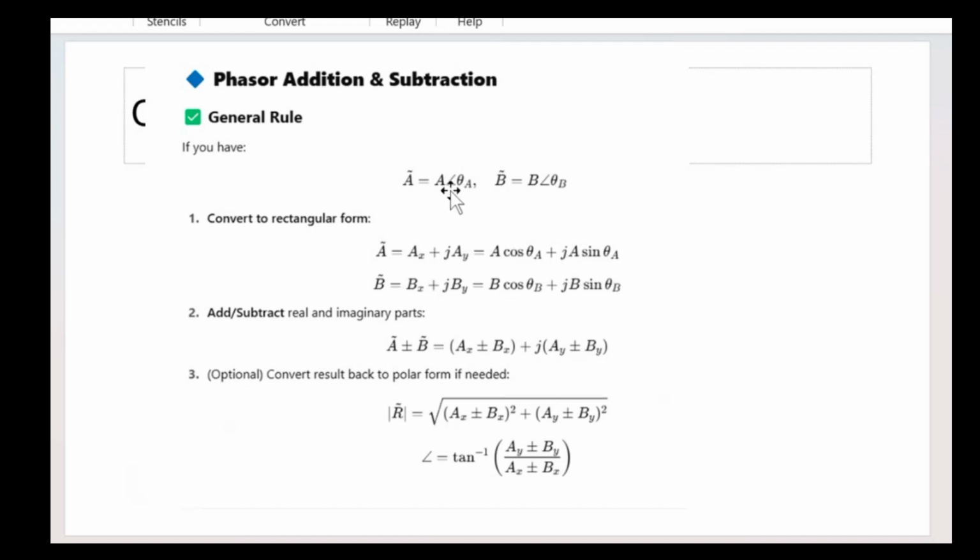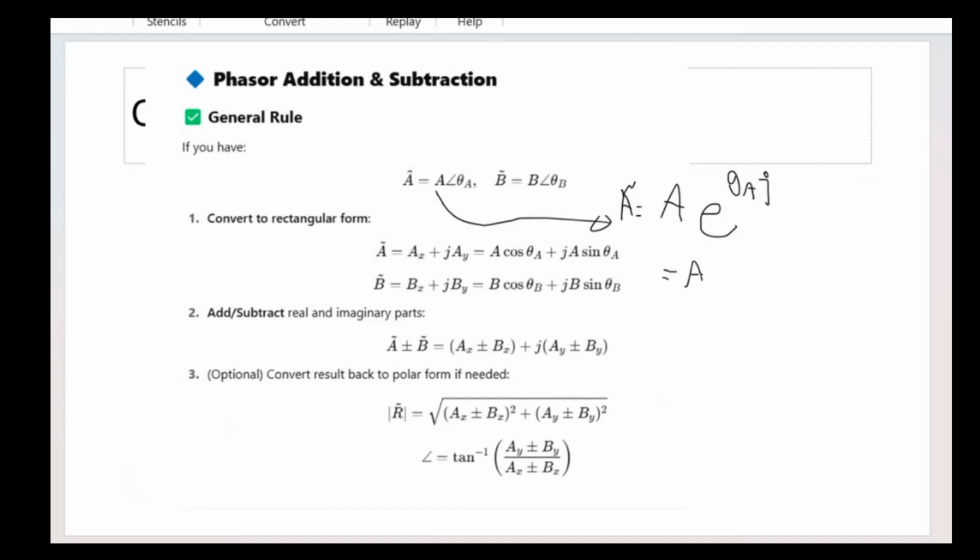Essentially we are using the Euler formula because, for instance, this complex number A can be defined as A e to the power of j theta A. Okay, and then using the Euler equation, I can write it down.